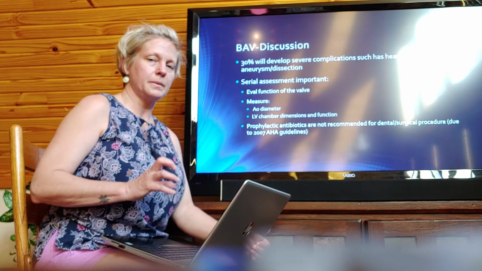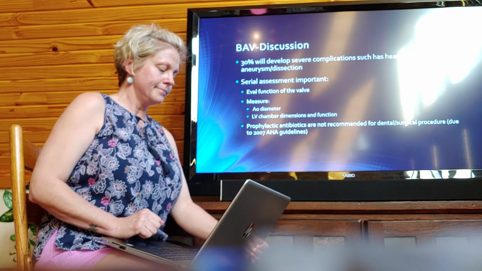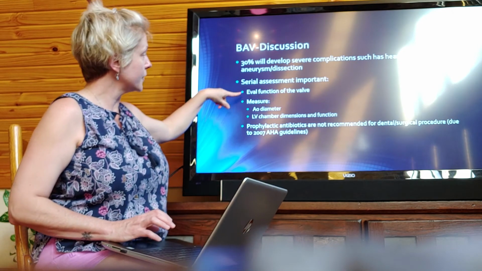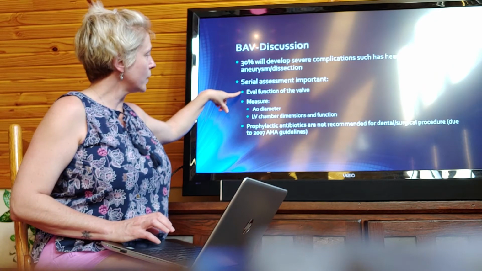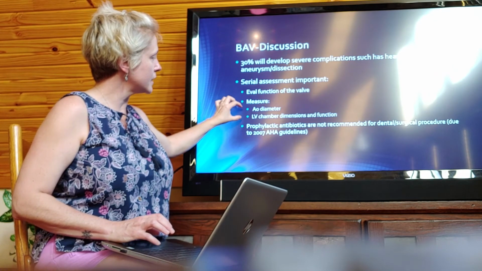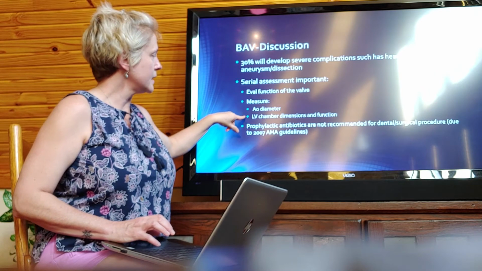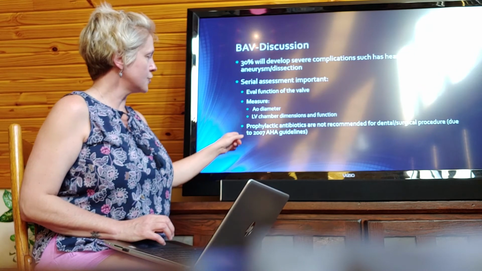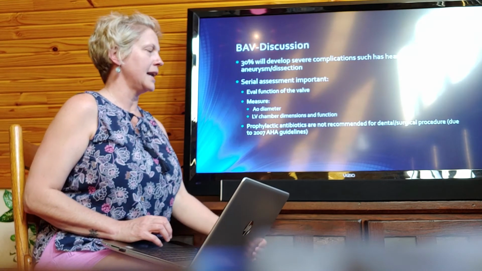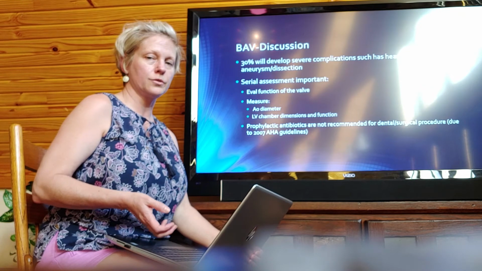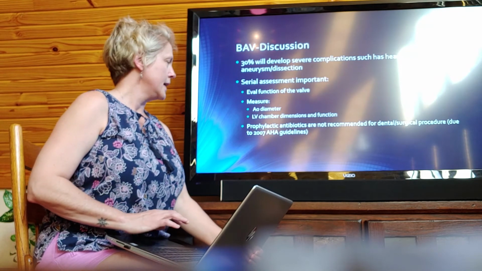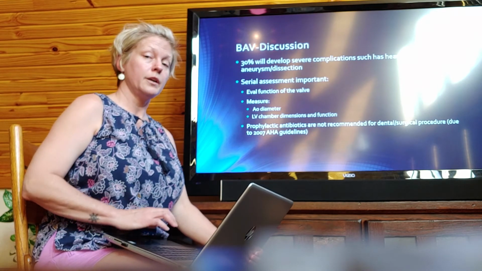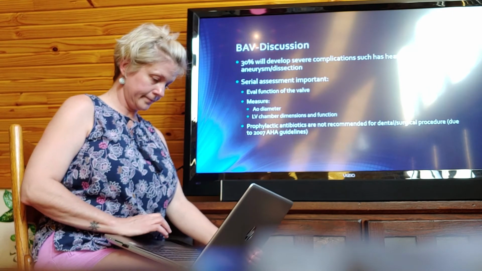That will vary how frequently they recheck you, and these are some reasons why I'm here: to evaluate the function of the heart, to measure the aortic diameter, and see how the chamber dimensions are functioning. They used to recommend prophylactic antibiotics before surgery, like dental or medical procedures, but as of 2007 they changed that, and you don't have to do it anymore unless you have a history of endocarditis.